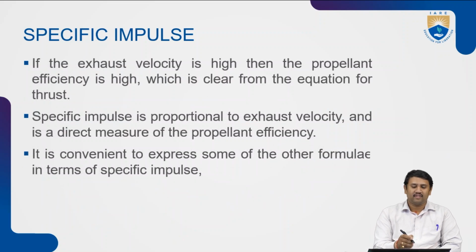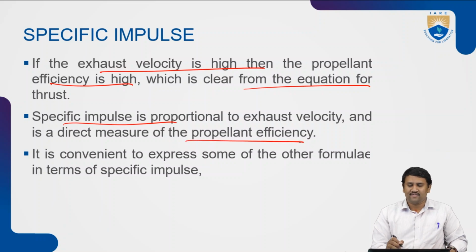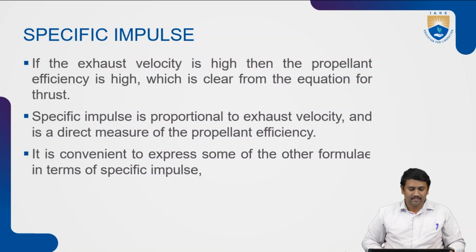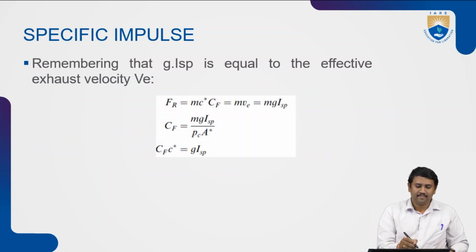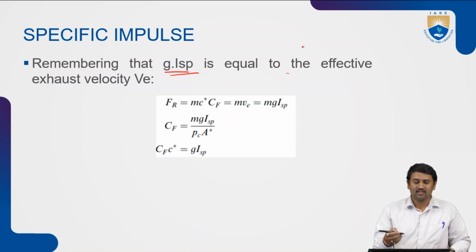Now, if the exhaust velocity is high, then the propellant efficiency is also high, which clears the form of the equation of thrust, whereas specific impulse is proportional to the exhaust velocity and is a direct measure of propellant efficiency, and it is convenient to express some of the other formulae in terms of specific impulse, like c equals g into ISP, particularly specific impulse, is equal to the effective exhaust velocity.